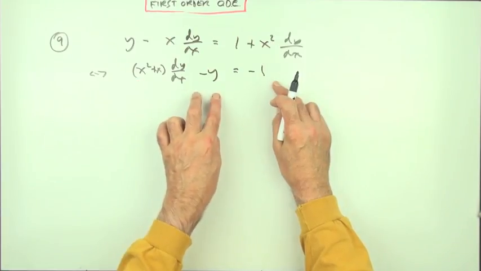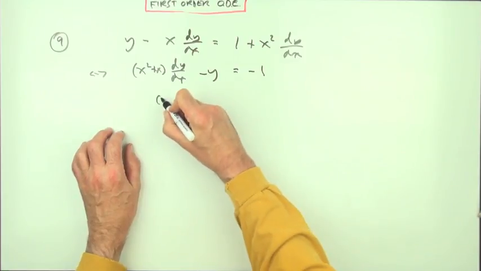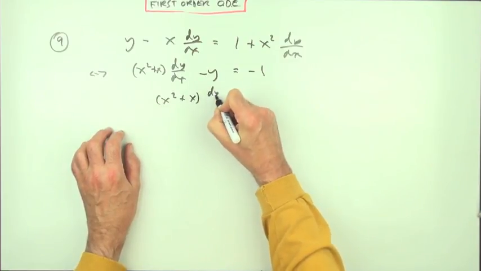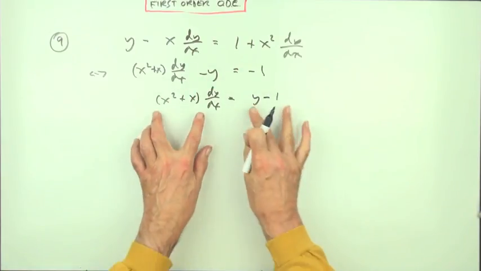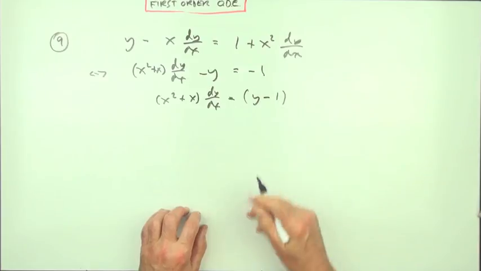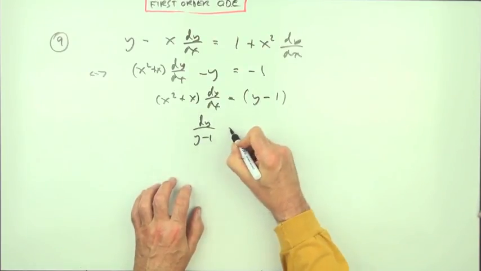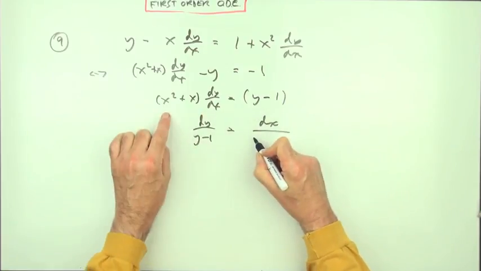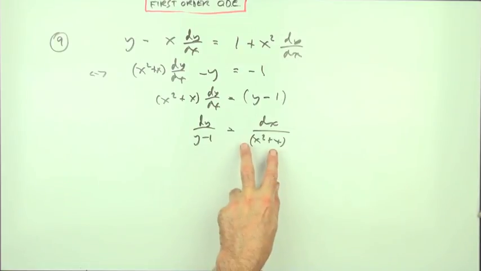If you just take that across and divide, there's your p of x to get your integrating factor. But x squared plus x dy by dx would equal, take that across, y minus 1. Now you've got two perfect sides. Only x's, only y's. dy over y minus 1 is dx over x squared plus x. Notice for this one, that factorizes, partial fractions, then logs. That's just a log straight away. So that's separated.